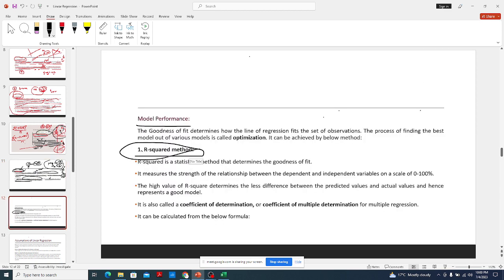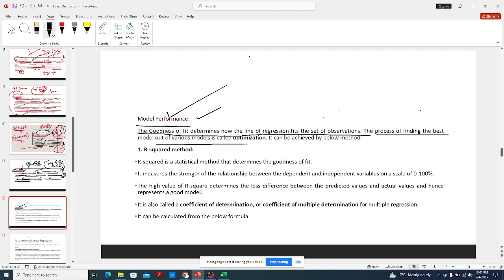Then the last slide, so that I might take questions, suggestions or additions, is model performance. How do we measure model performance? The goodness of fit determines how the line of regression fits the set of observations. The process of finding the best model out of various models is called optimization, and this is achieved by calculating what we call R squared.